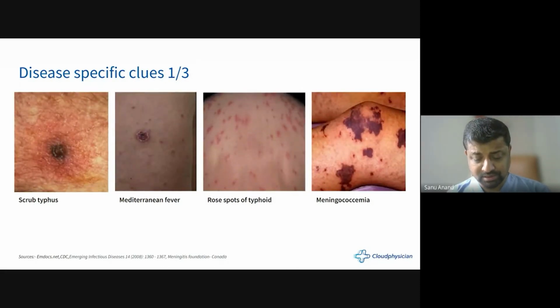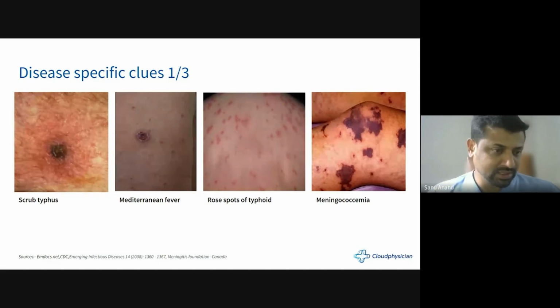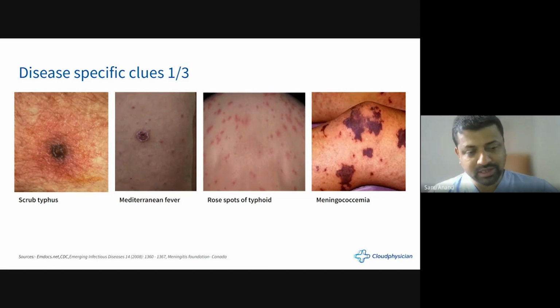Amongst the common ones in our country are scrub typhus, and what we call Mediterranean spotted fever, Boutonneuse fever, etc. This is basically a Rickettsia conorii infection. The difference between scrub typhus and Mediterranean fever is that Mediterranean fever not only has an eschar, it also has a lot of purpuric spots.